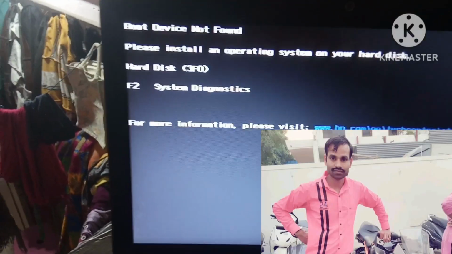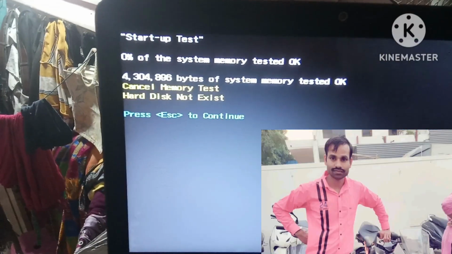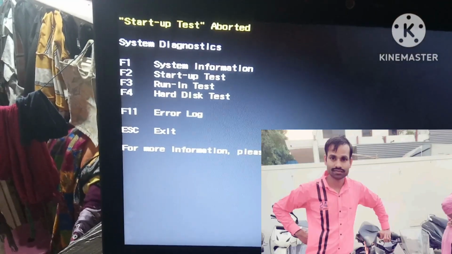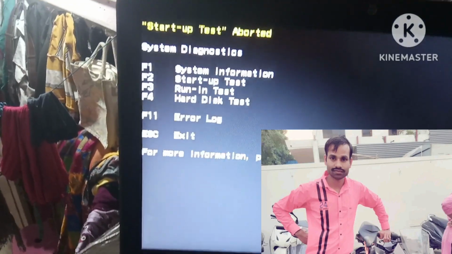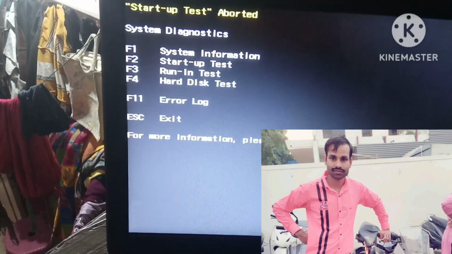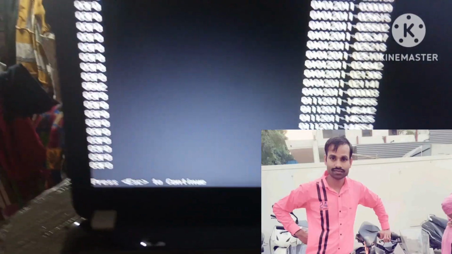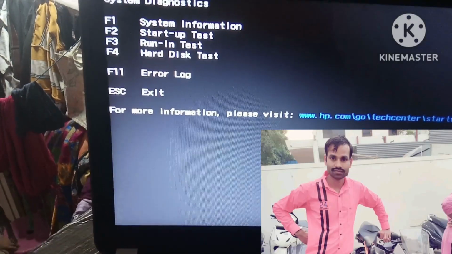This is the major problem, and the solution is to remove the hard disk and reinsert it. Then it is a proper solution. You can see detailed information about your system and the diagnostic log.